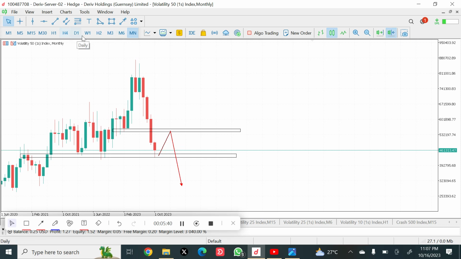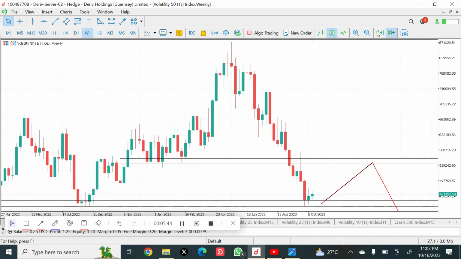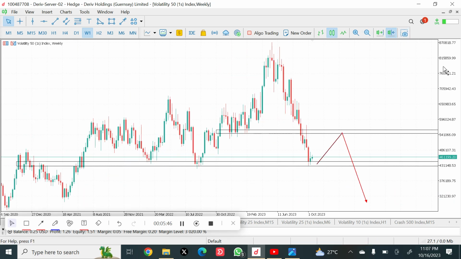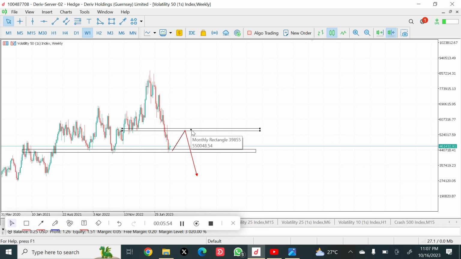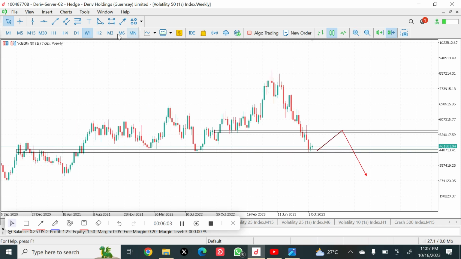So going down to the weekly time frame, we could see that on the weekly, price actually came there, just broke out of that zone, and then there was a retest.